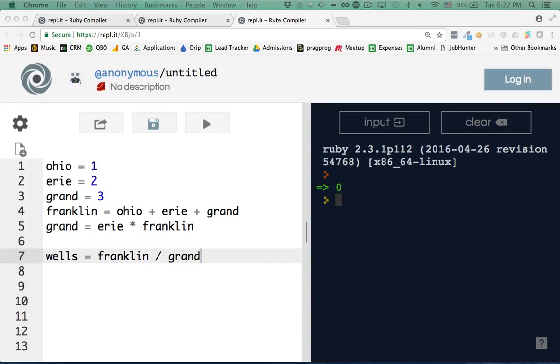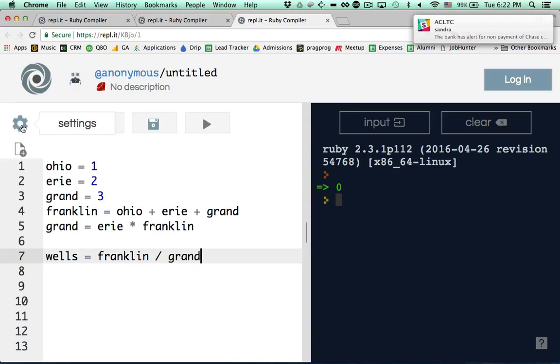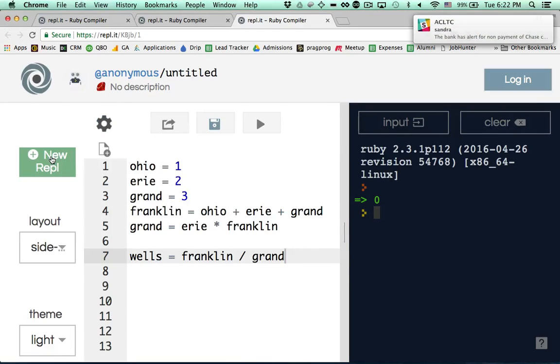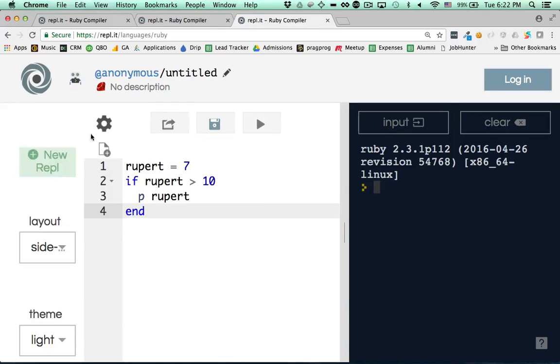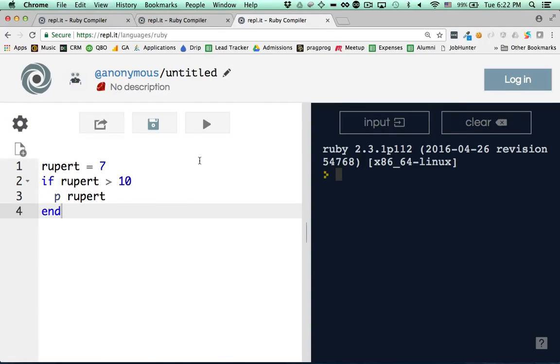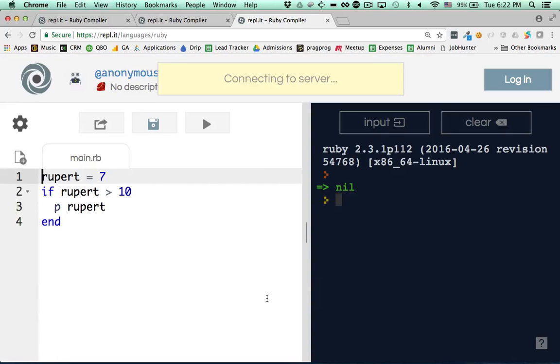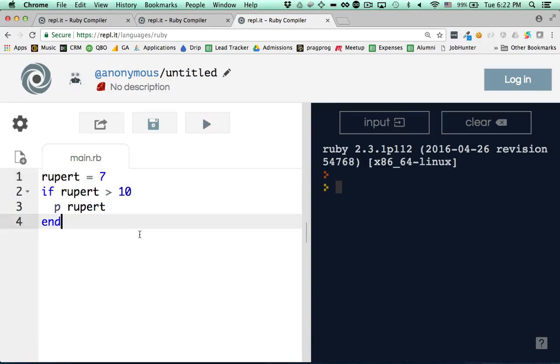So let me pull up a new example here. And let me run it. Ignore the green things. Okay.